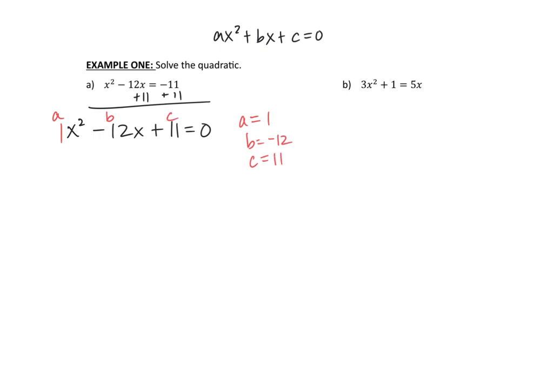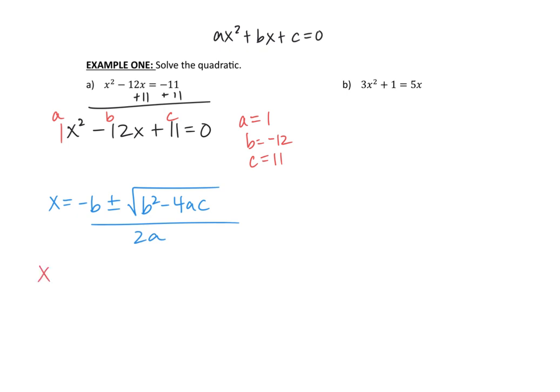All right, the next thing you're going to do is actually just plug those values into the quadratic formula. So I'm just going to write it: x equals negative b plus or minus the square root of b squared minus 4ac all over 2a. I almost have to sing that little song in my head every time I do this. Okay, so now let's actually plug in what we know.